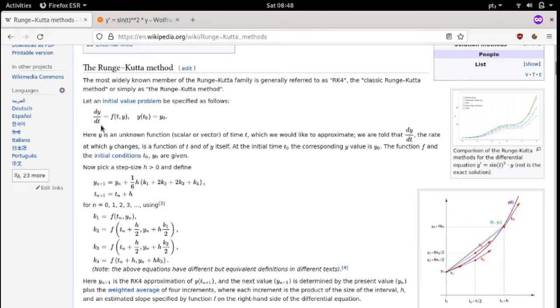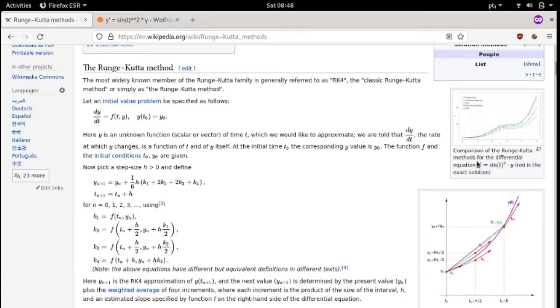You have to solve this differential equation given some initial condition or initial conditions. Depends. You can have partial differential equations. You can have all sorts of things where you have different boundary conditions and initial conditions. But in this case, it's a pretty straightforward ordinary differential equation where you have just one initial condition.